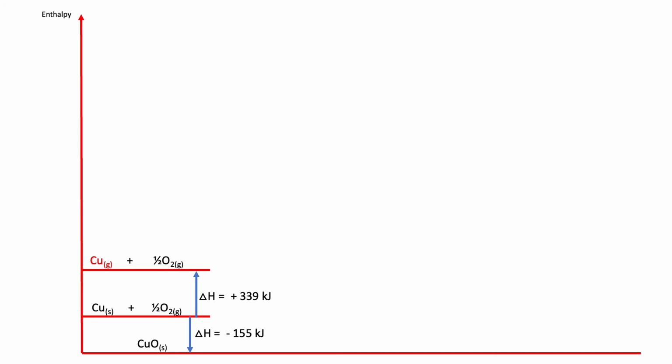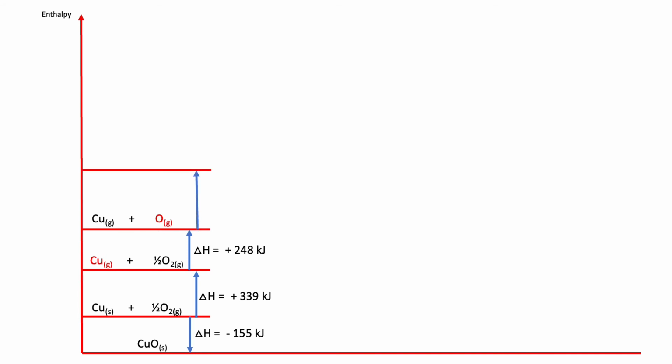Next one, we continue with enthalpy of atomization for oxygen. Still, it is absorbing heat. And there you go. The half mole of oxygen gas change into oxygen gaseous atom. And the enthalpy involved is positive 248. Slightly lower compared to atomization of copper.